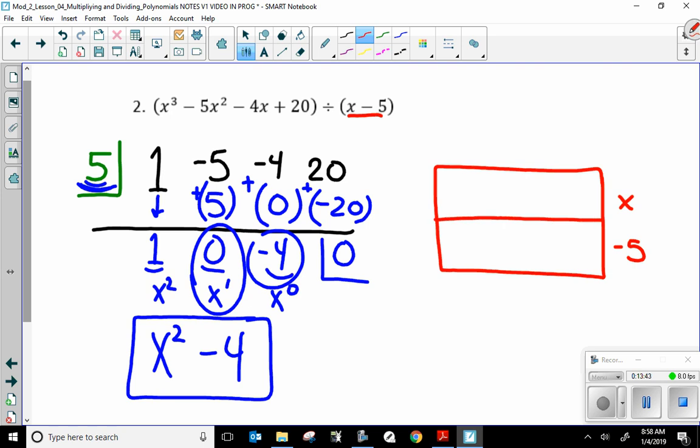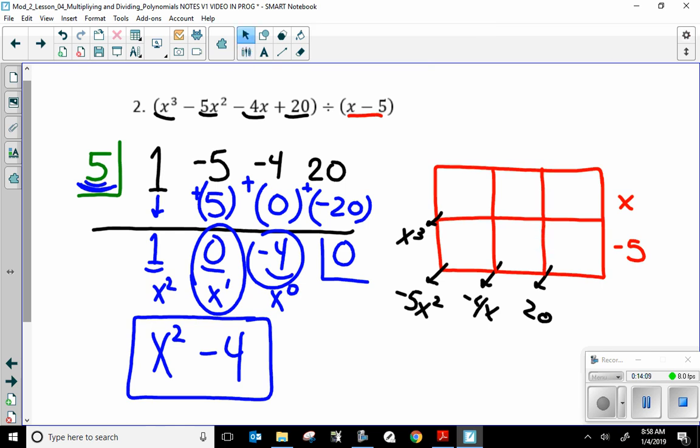Lefty, righty. And I know my outputs, my first one should be x cubed. This next one is negative 5x squared. Okay, I got this output. I have 2 more arrows I need. 1, 2. And that's negative 4x and 20. Those 2 arrows need vertical lines.